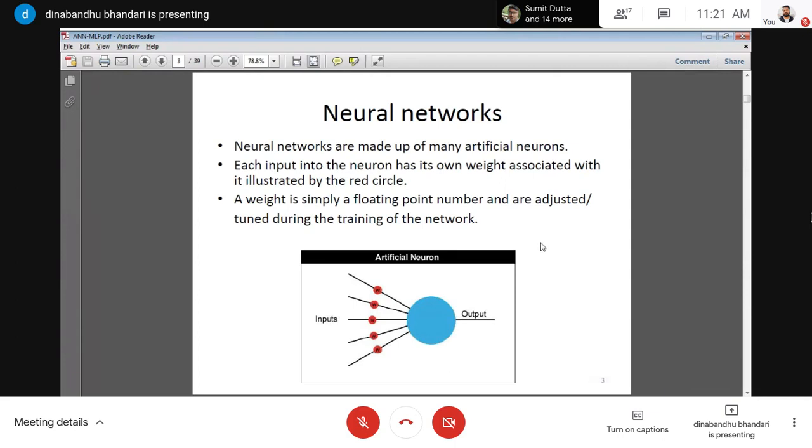Though I'm not very good in biology, the nervous system consists of two things: one is the neuron, and there are some connections to the neurons, called dendrites or something like that.